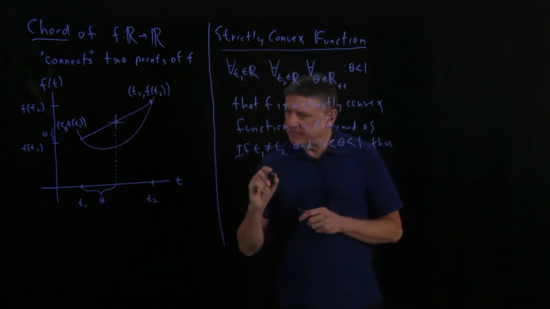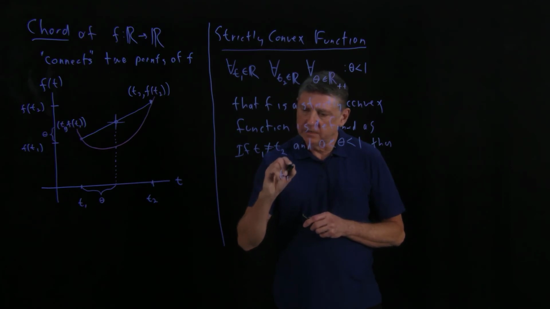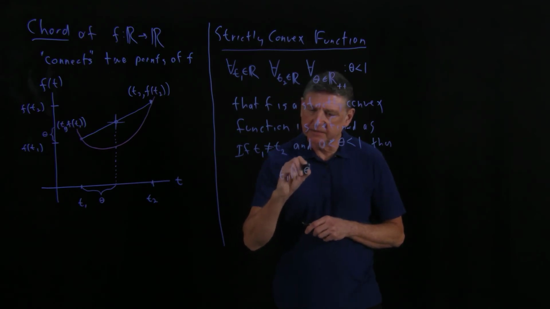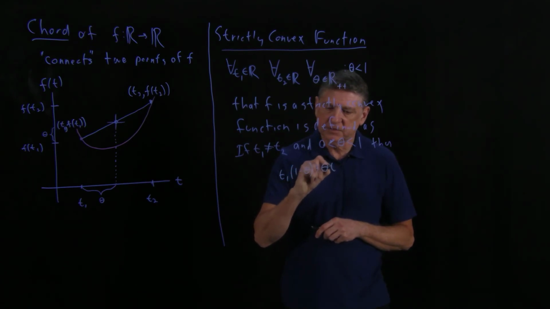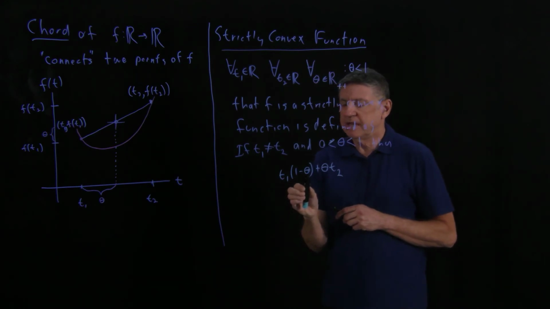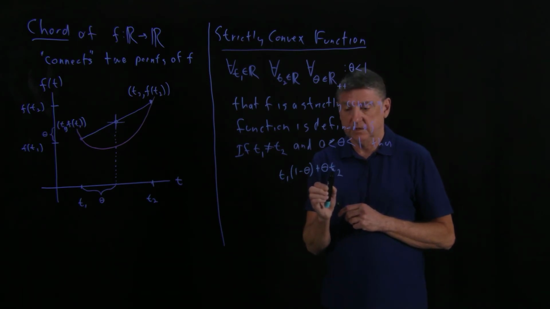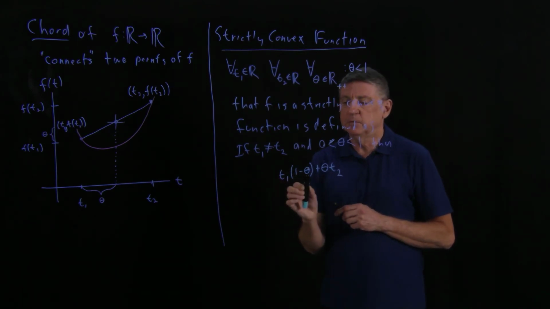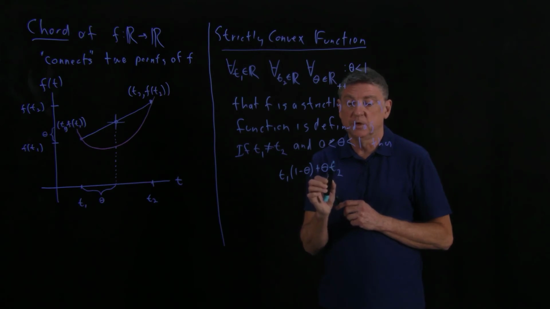Well, if we take T1 times 1 minus theta and add theta times T2, let's see what that would do. If theta was exactly equal to 0, this would evaluate to T1. If theta was exactly equal to 1, this would evaluate to 0 times T1 plus 1 times T2, which is T2.